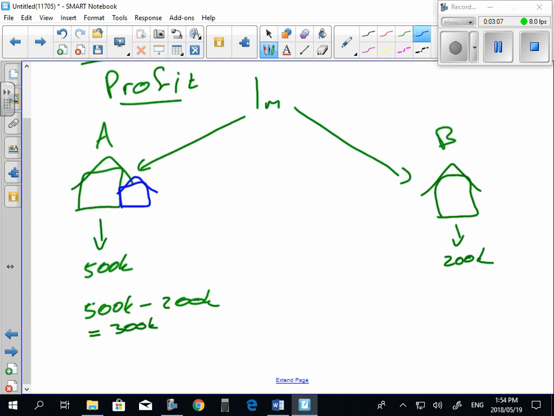So when the price of the product decreases, I'm going to make less money. So now suddenly I'm not making 500 grand a year, I'm only making 300 grand, which means my economic profit drops to 100,000. But again, the third guy has got a choice.